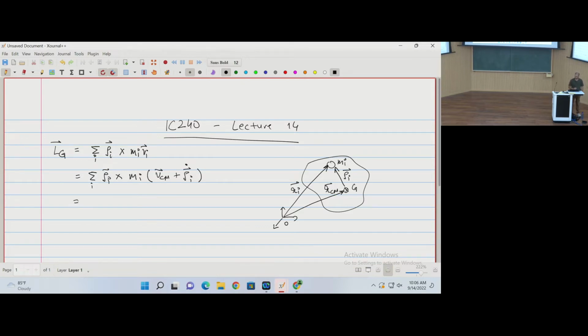You can write the velocity of the particle using the vector ideas as a sum of the velocity of center of mass plus the time rate change of the position with respect to the center of mass.